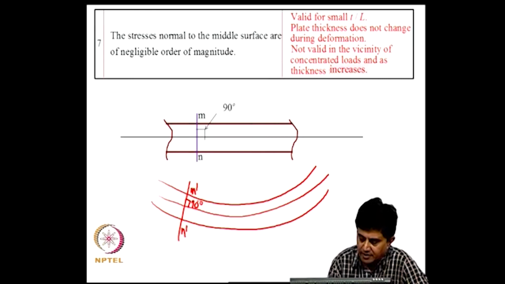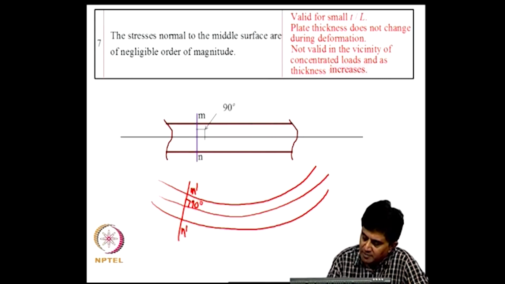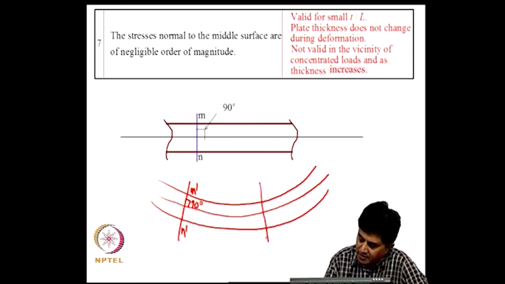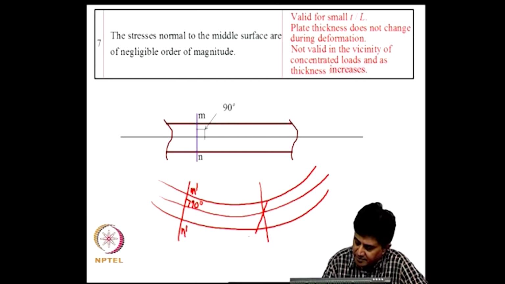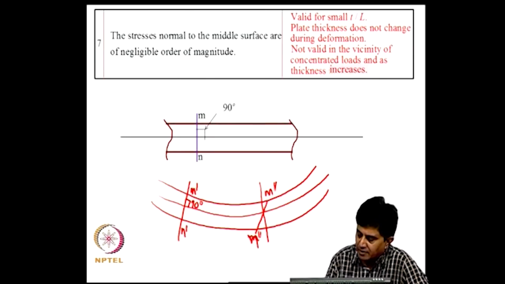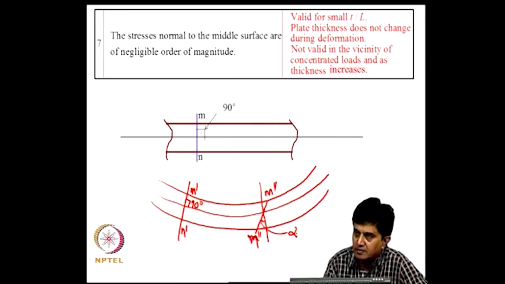That is what we are saying. Now it is possible that it remains straight, but it may be at an angle. For example, the mn may be like this. Here there is a shear deformation, this angle alpha.